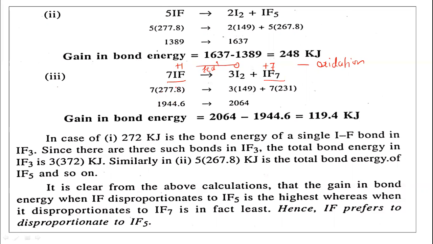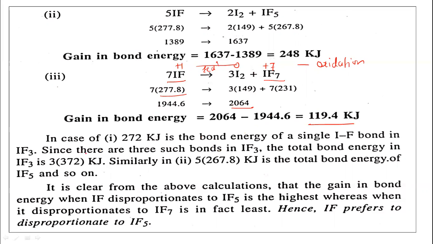So you can see here, calculate iodine fluoride 277.8 multiplied by 7, and here the bond energy, if we do this, is 2064. So in this case also there is a gain in the bond energy. It means that IF is converted to IF7.